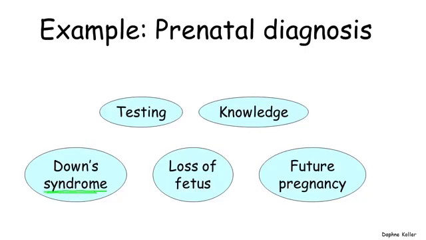But at the same time, there's other aspects that affect one's utility. So, for example, the pain of testing for Down syndrome is one aspect. The comfort of knowledge that you know what's going to happen is something that also turns out to contribute to one's utility function. Prenatal testing runs the risk of the loss of the fetus, and that is also clearly a component of one's utility function.